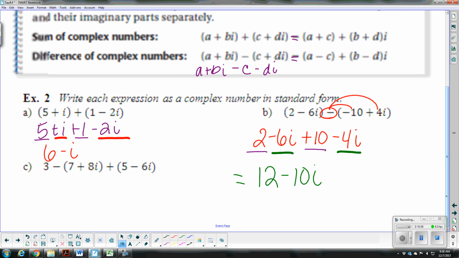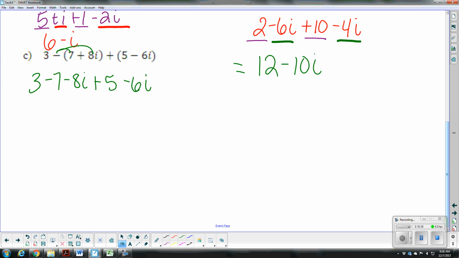All right, and then finally the third one. Again, distribute out that negative sign. So 3 minus 7 minus 8i plus 5 minus 6i. Remember, addition is commutative, so it doesn't matter which order you go in, but you do need to take care of your parentheses and multiplication first.